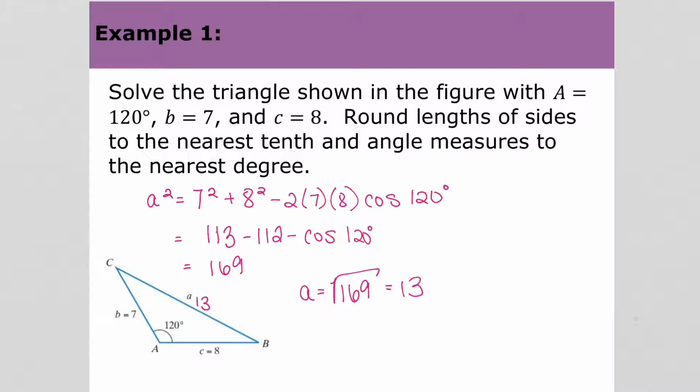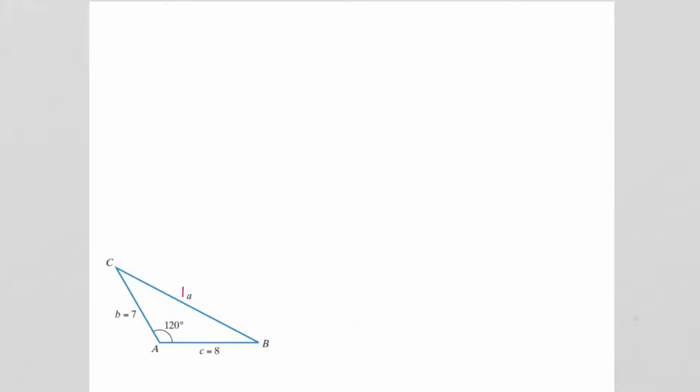Now that we've got that side, we can use the law of sines to find another angle. We've got sine of 120. We've got the measure of angle A and its opposite side, so we can plug into the law of sines. And let's find angle B. So sine of angle B over side B, which is 7.